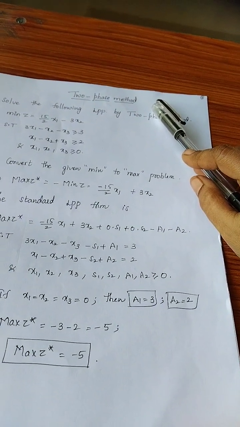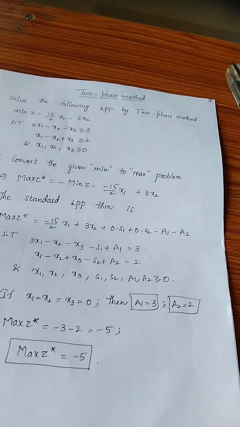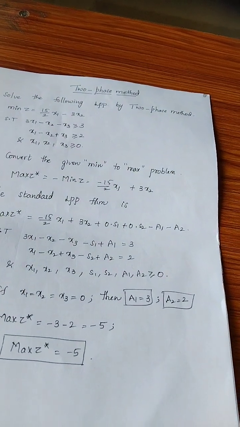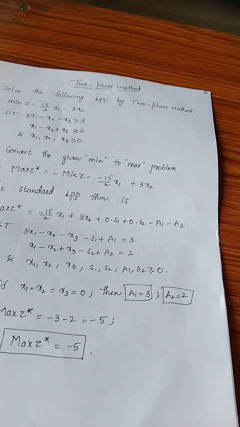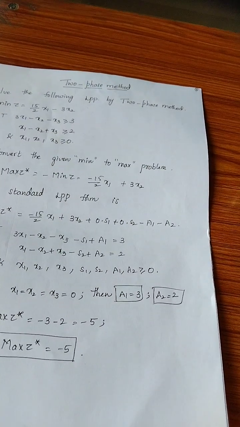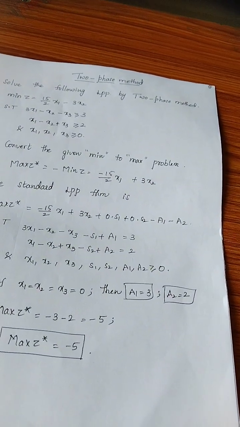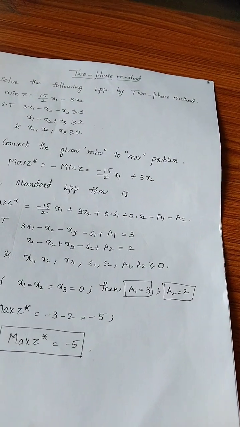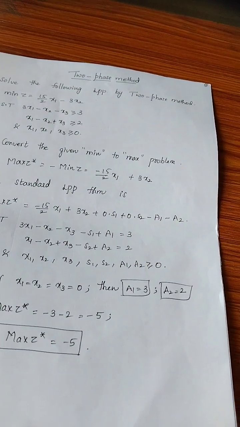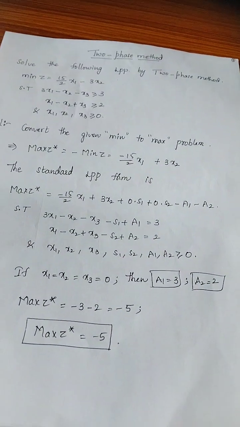In phase 1, we are going to take the coefficients for the slack variables, decision variables and surplus variables all as zeros, except for the artificial variables, for which you are going to take -1. Whereas in phase 2, we are going to take the actual coefficients of the given question.